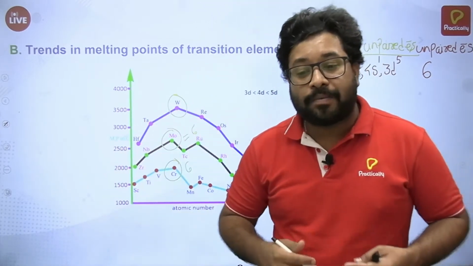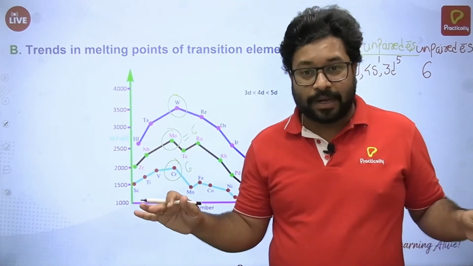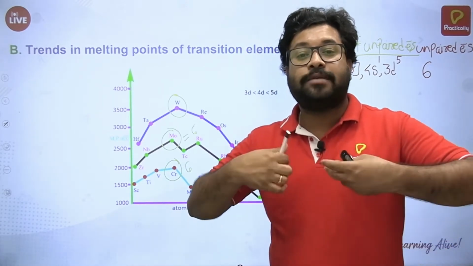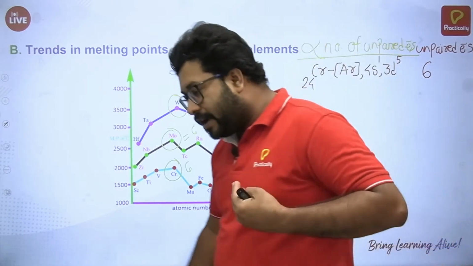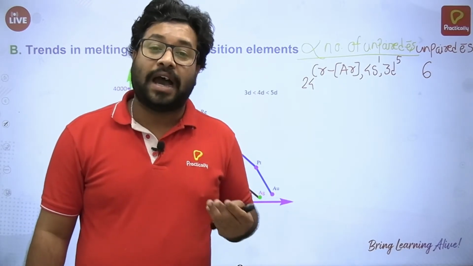More the number of unpaired electrons, more is the melting point. It is that simple. Because when more and more free electrons are available, the bonding becomes more and more strong between the atoms. As the bonding becomes more and more strong, the melting point becomes higher and higher.